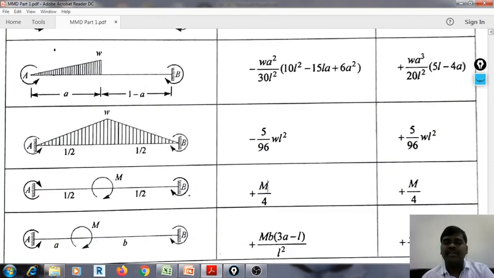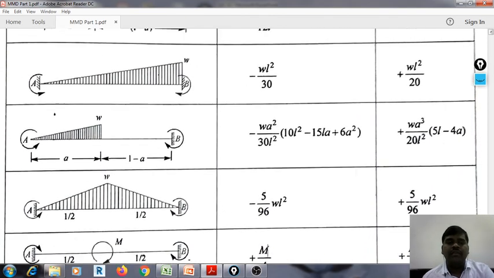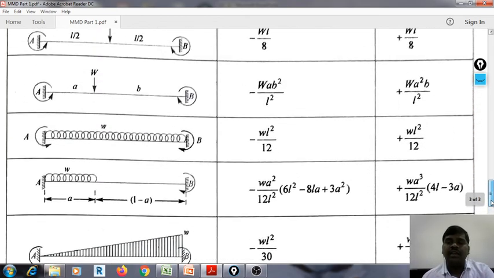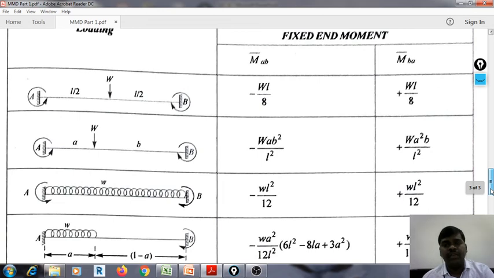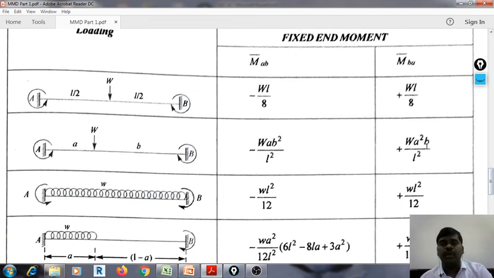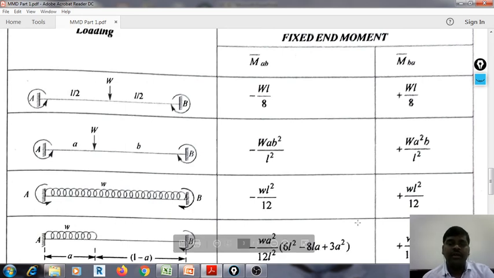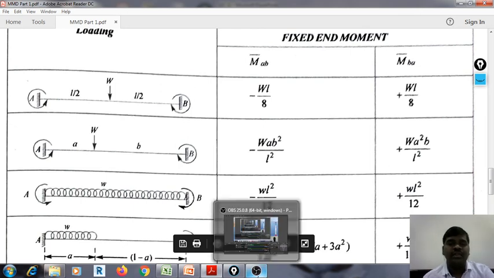For 9 cases of different beams, we have studied the fixed end moments. Every student must be perfect in fixed end moments, otherwise no problem can be solved in the Structural Analysis 2 subject. So that's all in this video. Let's meet in another video with the extension of this. Thank you.